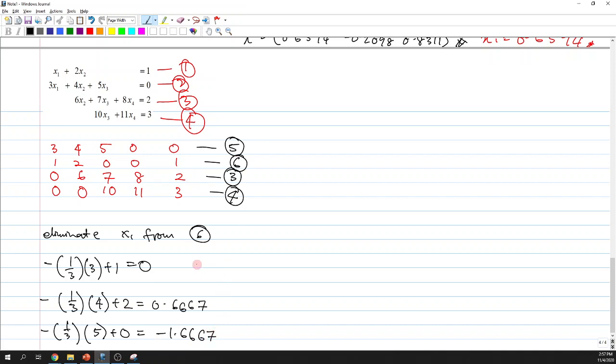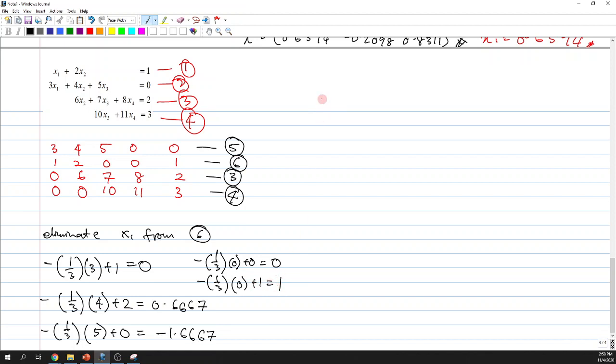Okay, and the other one is negative 1 over 3, 0, 0 becomes 0 lah. 0, negative 1 over 3, and then 0 plus 1 become 1.